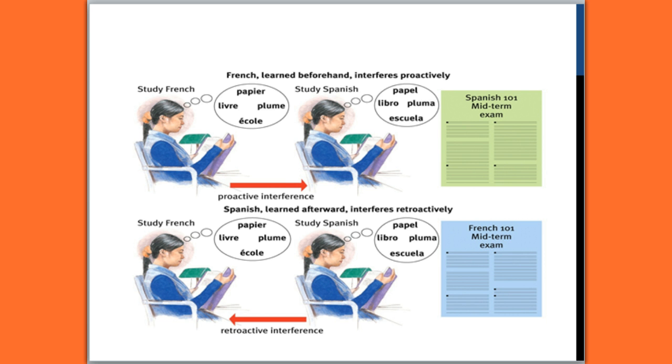It's the same studying period. And when she goes to take her French exam, this time retroactively her French is getting confused with her Spanish because she learned the Spanish after she learned the French, and now it's making it difficult for her to pull the right information for her French exam.